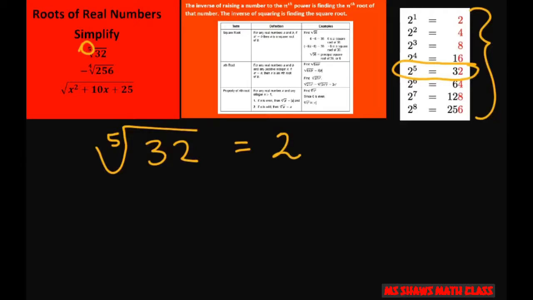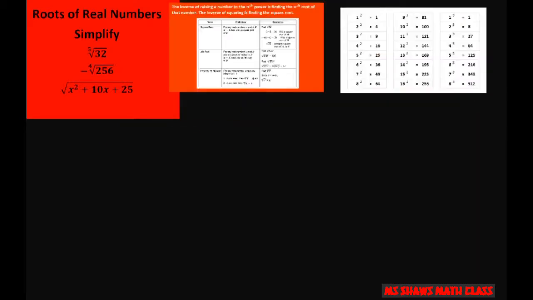Okay? And then for the second one, a little harder if you don't have a calculator, but I do notice that we have a 256 here. So I know that 16 squared, or 16 times 16, equals 256.